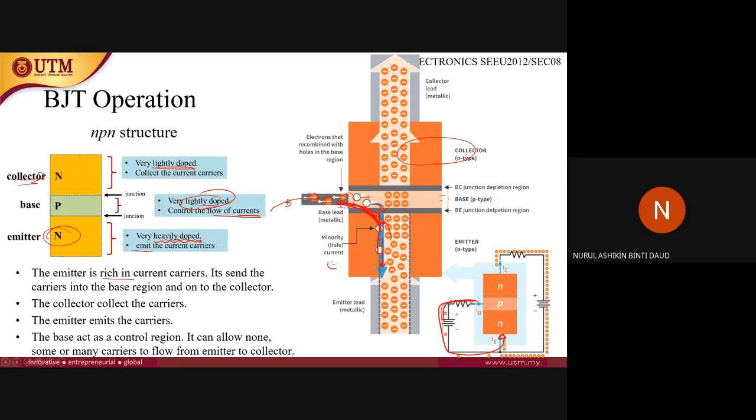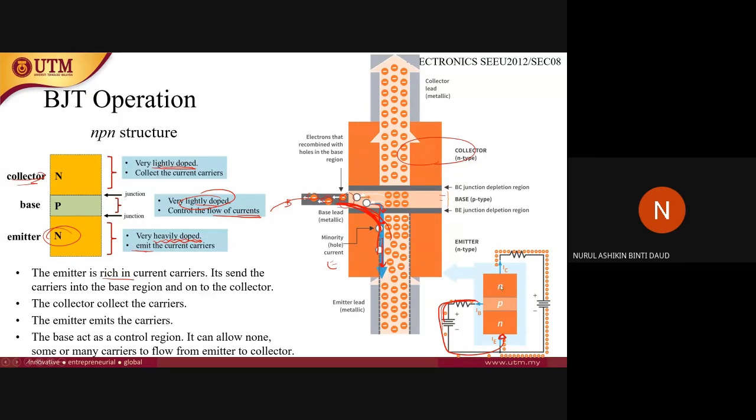Next, what will happen at the collector part? At the collector part, most of the free electrons will move toward the BC junction, the base-collector junction. Since lots of free electrons move towards the BC junction, they are swept across into the collector region by the attraction of the positive collector.